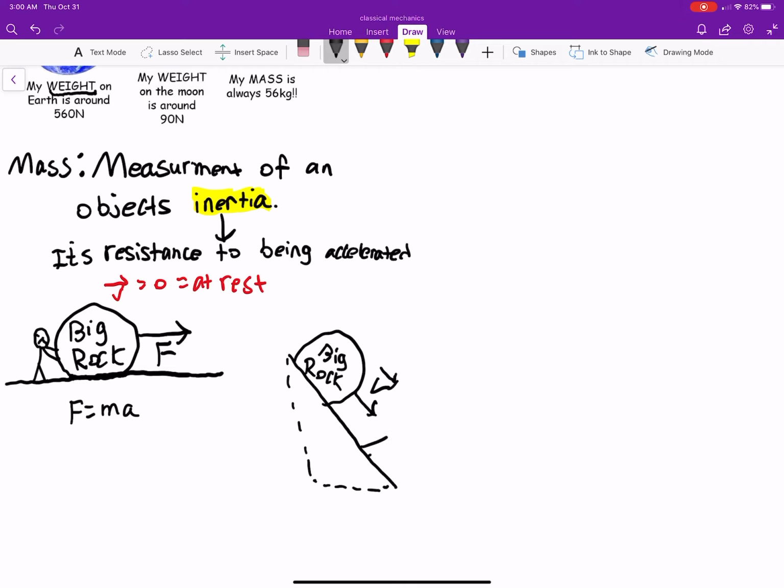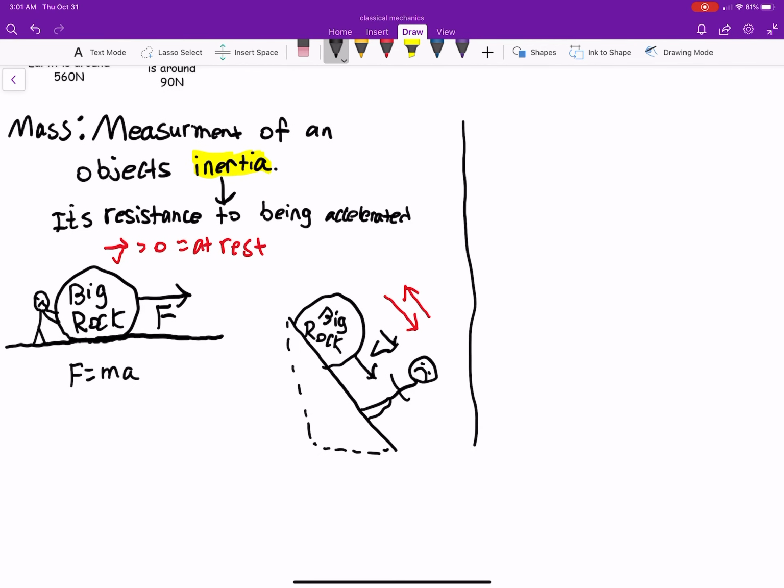Now you want to stop this big rock. He's also sad because he's about to get crushed from rolling down the hill. You're also going to have to exert a really big force to change its acceleration, because right now it's moving this way, and we want the acceleration to go this way. So you're going to have to apply a really big force to get the motion of the rock to change. Okay?